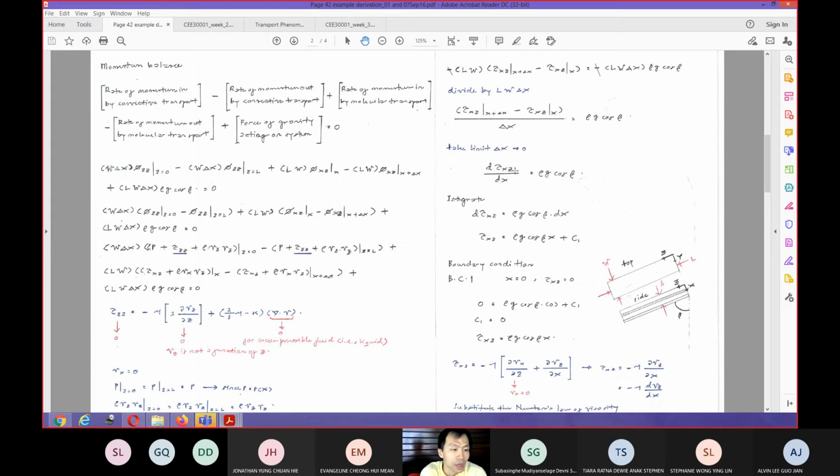So again, I want to test you in here. So this z in here, what is the direction of your momentum? Sarina, can you tell me what is the direction of your momentum in here? Are you still there, Sarina? Or Jonathan, what is the direction of your momentum in here? And what is the direction of your momentum transport in here?